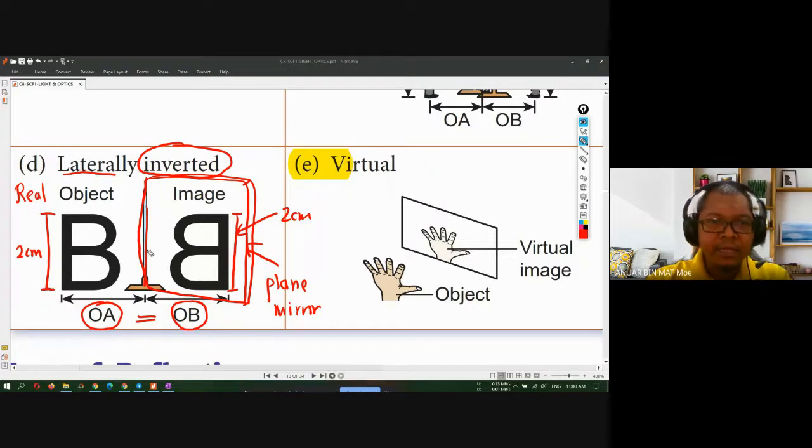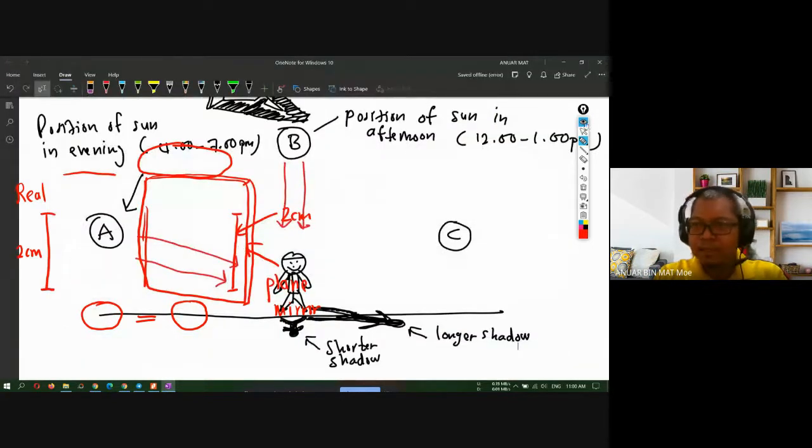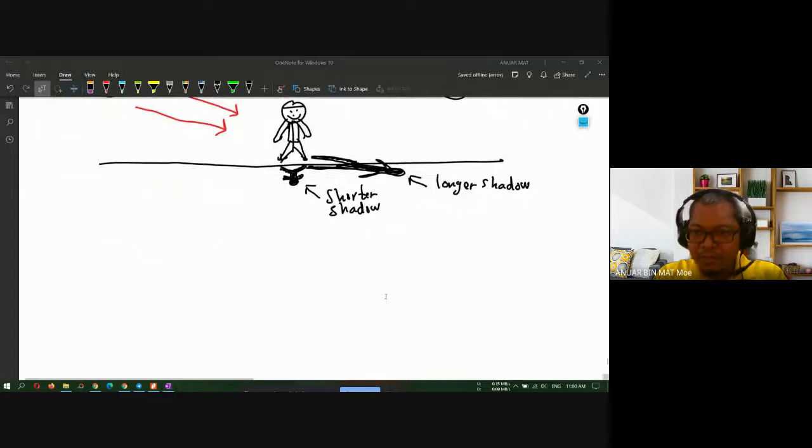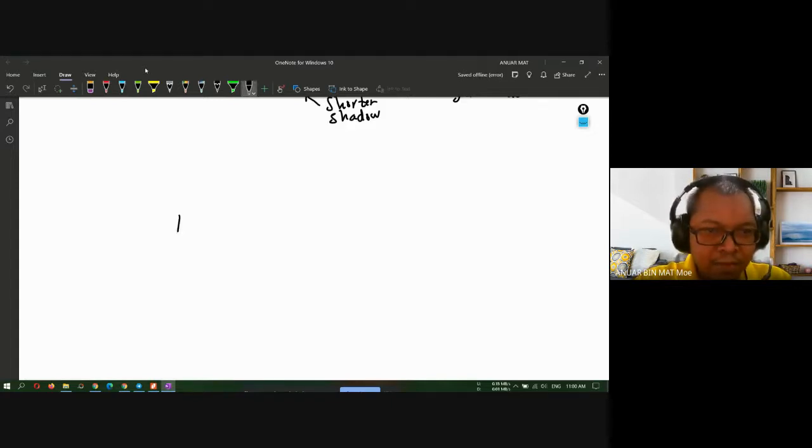Okay, this is what we call laterally inverted. For example, how about the letter A? If I can draw the picture here, how about if I have a letter A over here, for example.